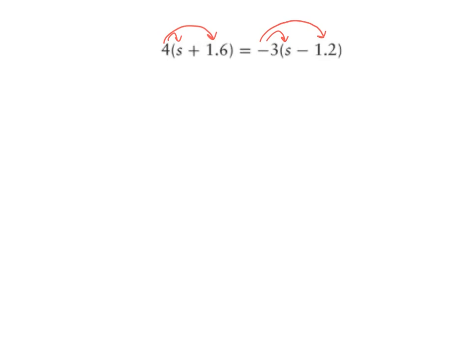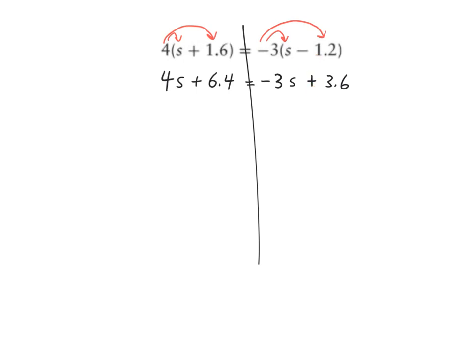So on the left here, we're going to have 4s, 4 times s is 4s, plus 6.4 equaling negative 3s plus 3.6. And this is plus 3.6 because this is negative 3 times negative 1.2. So a negative times a negative gives us a positive, so we write it as plus.